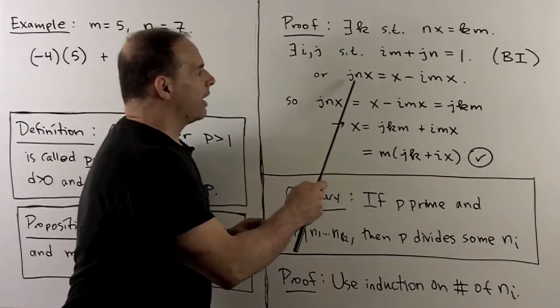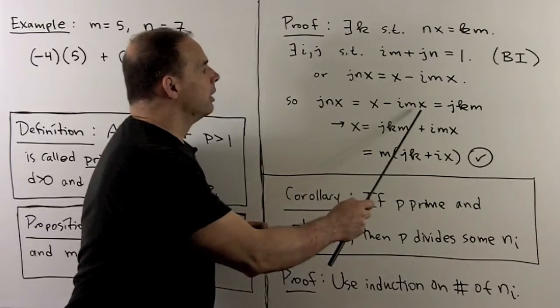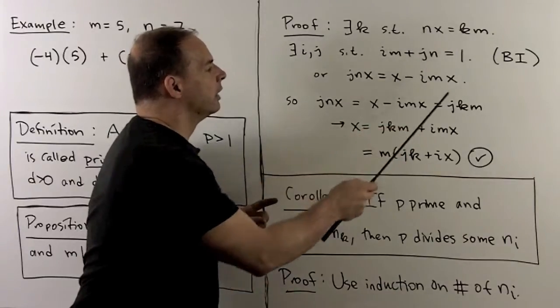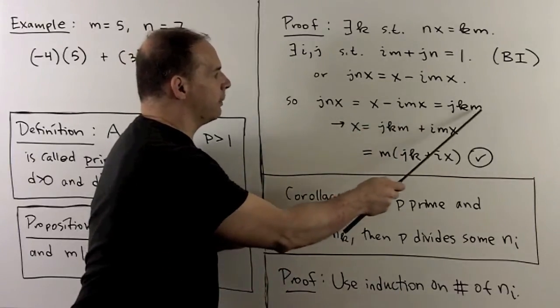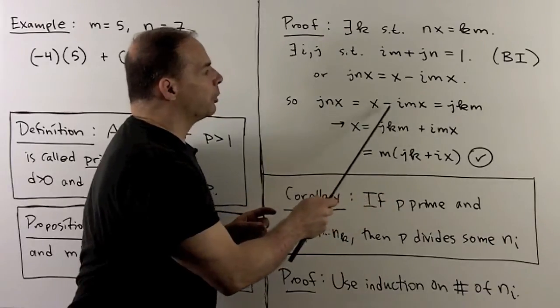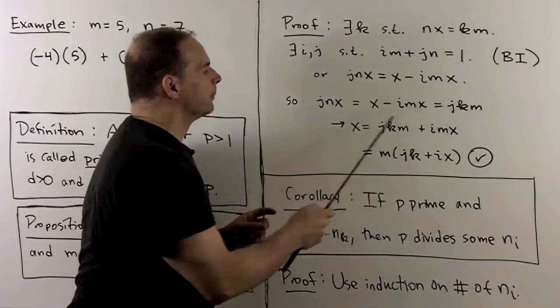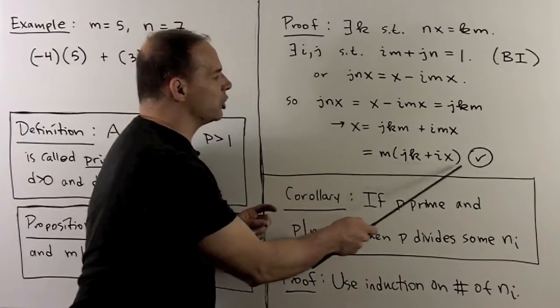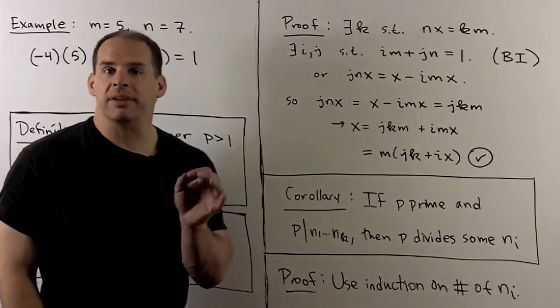Now, that's going to be the same as if we multiply this top equation by j. So this is equal to jkm. I push the imx to the other side, and we have x equal to m times another integer. So that means m divides x.